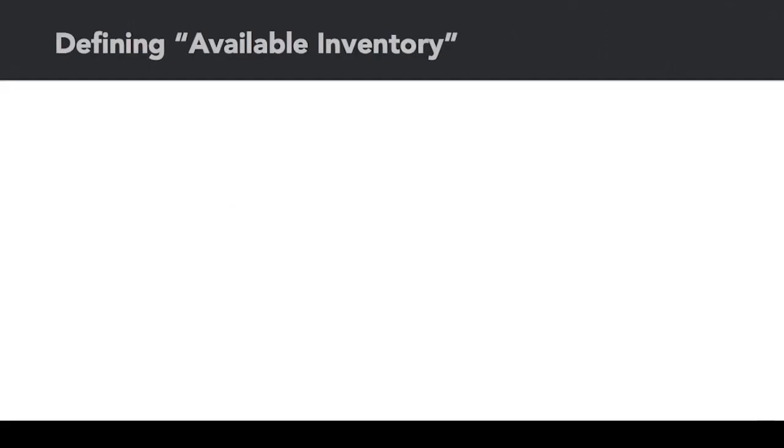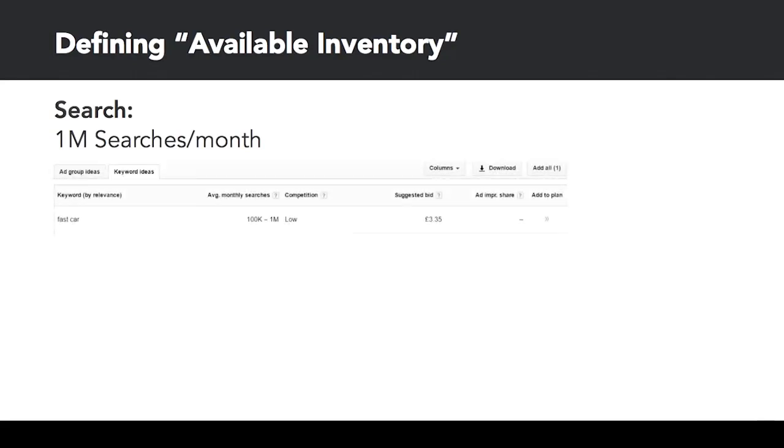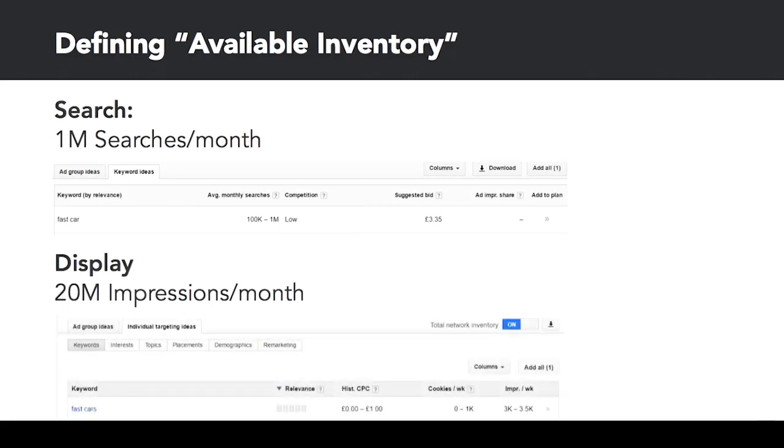You'll often hear that in online media buying, we refer to inventory. Now, this could be the amount of search requests for a particular keyword. For example, 1 million searches per month for the keyword car insurance, or 20 million impressions per month on contextual websites that have content relating to our keyword, where a display ad can be placed.